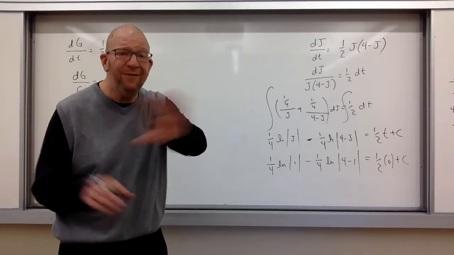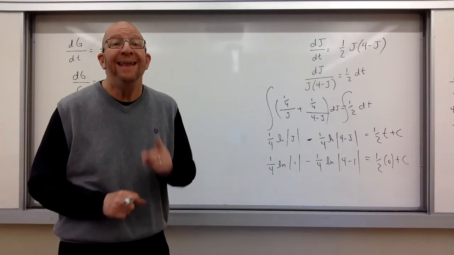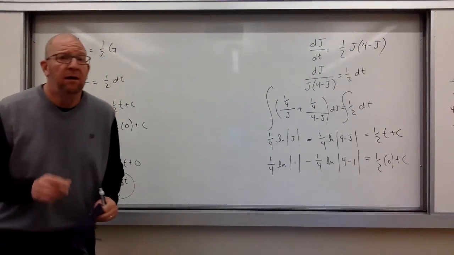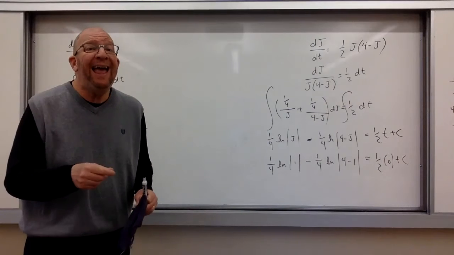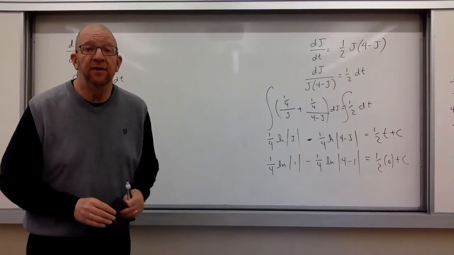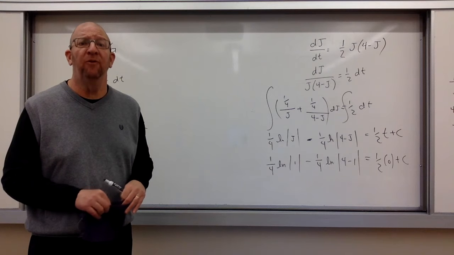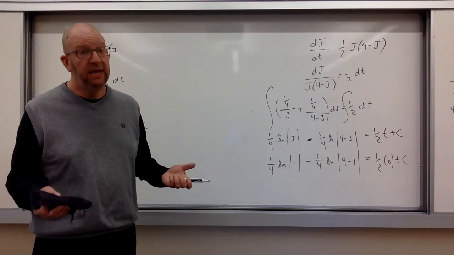That's 1 point, not even solving for c. Now, the fourth point is going to come from solving for c and then solving for j. That's a lot of algebra for 1 point. It sure is.